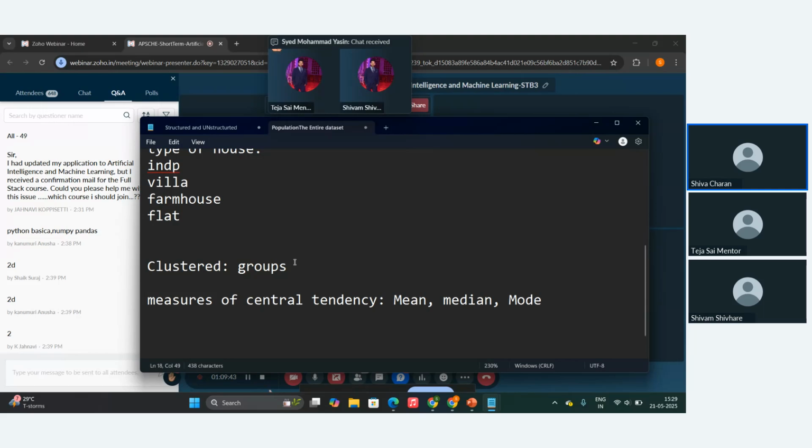Once we're done with hypothesis testing, we'll discuss normal distribution, and after that Bayes theorem and central limit theorem. Then we'll go for the IQR method, which we'll discuss when we are about to dive into data pre-processing.